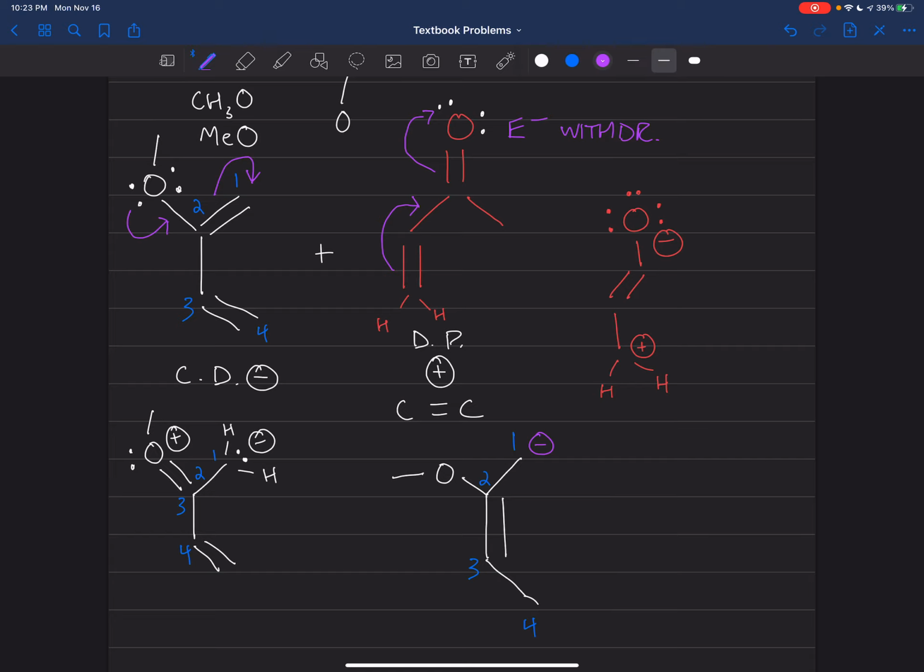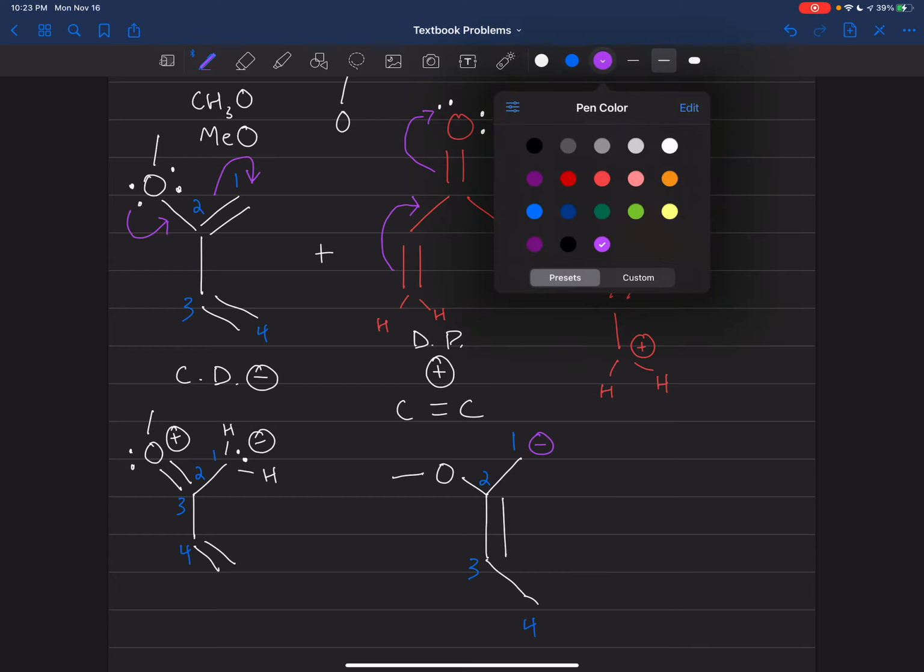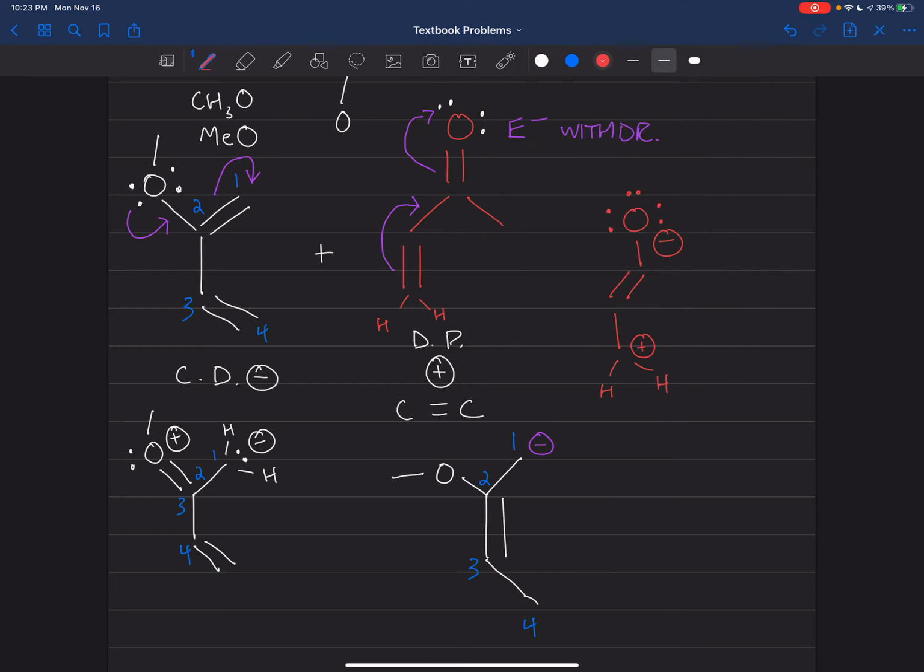That's our negative charge. I can't just bring in my little charged guy here. I'm just going to redraw this. This is this resonance contributor that we're bringing in. I can't just bring him in and attach him here.